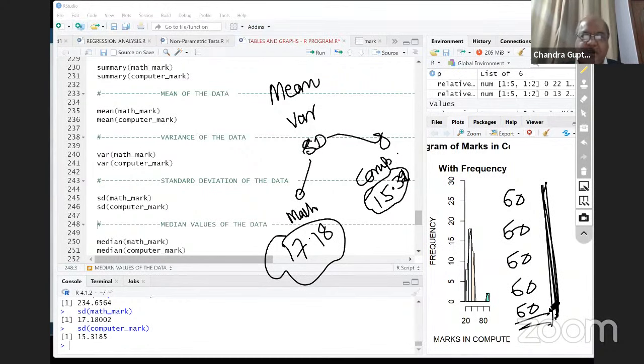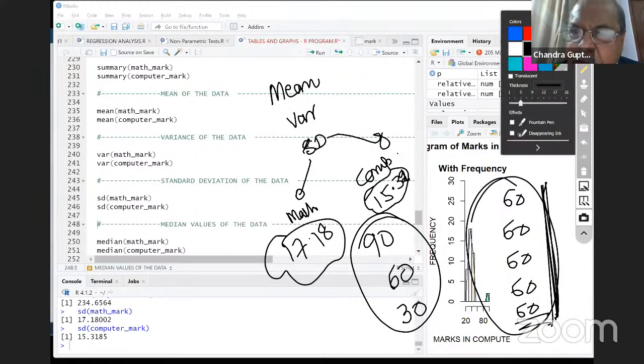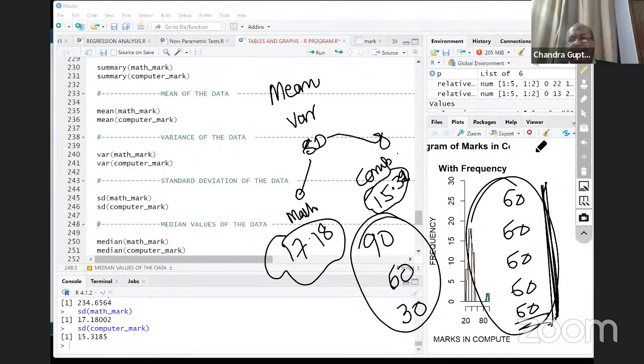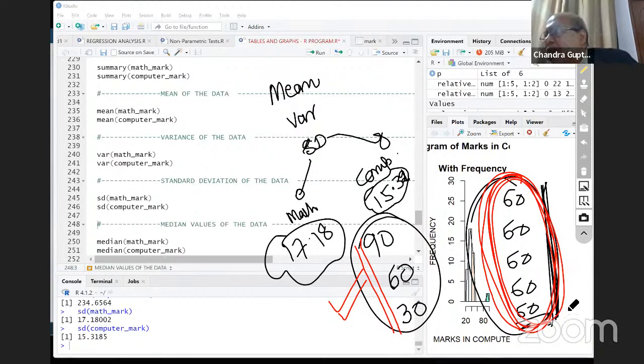And if some students get 90, some get 60, some get 30, then you will find that the examination you have set is able to distinguish between intelligent students, average students and poor students. And if you have no variation, you are not able to distinguish between the students.